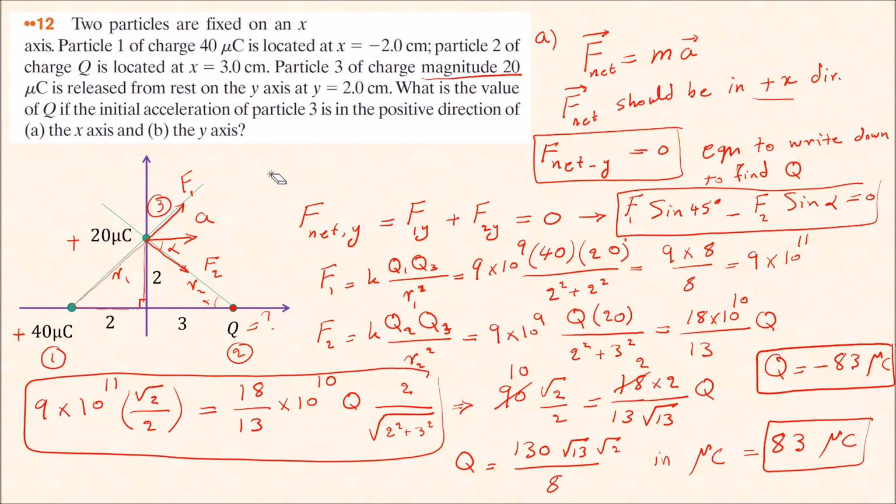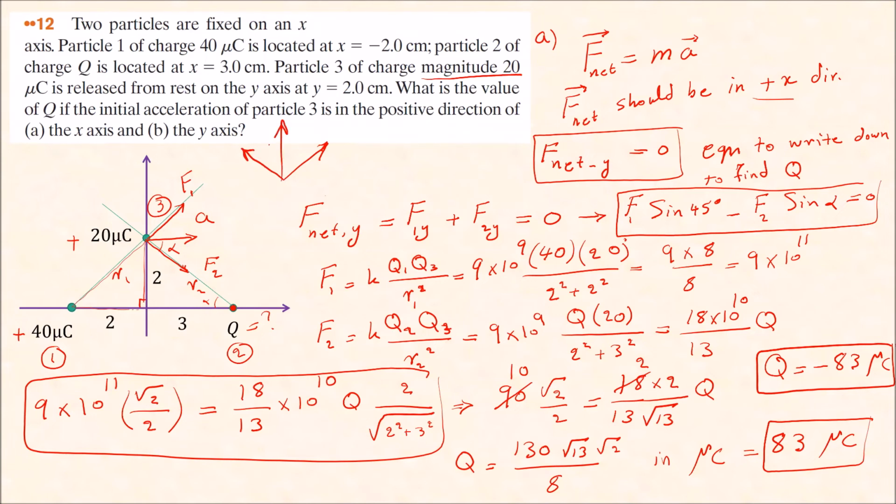For part B, if the acceleration is in the positive y direction, first of all, what should be the sign of Q? F1 is the same direction. In order for the x components to cancel or the net force to be in the y direction, Q should be repelling the Q3.